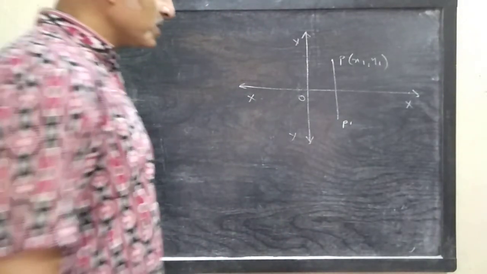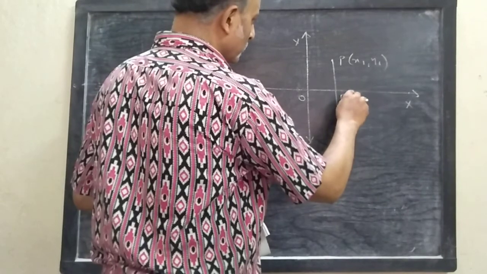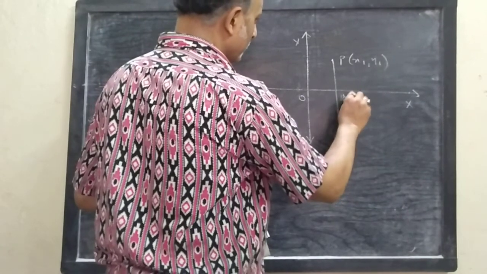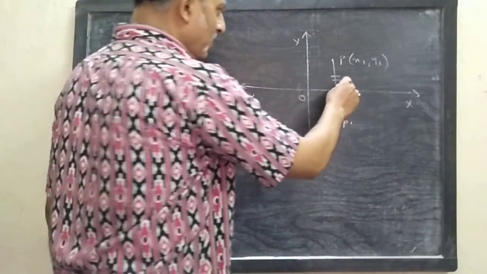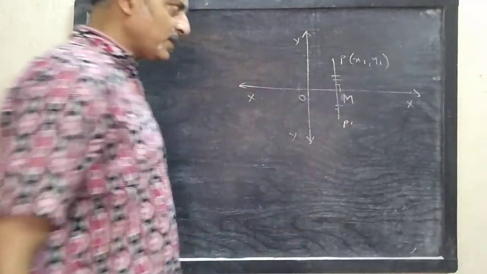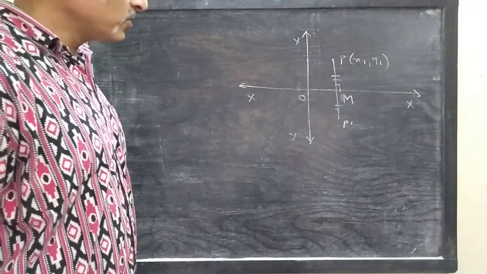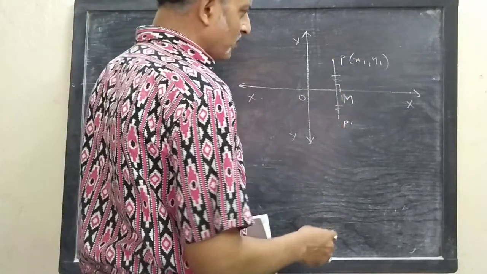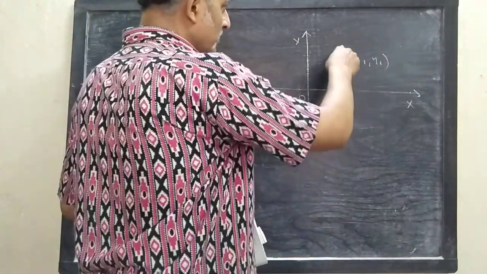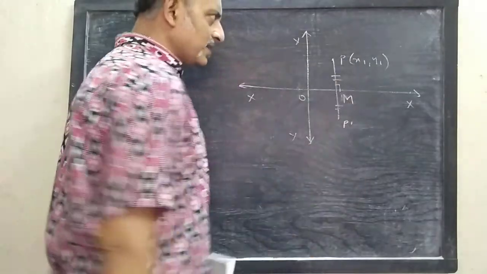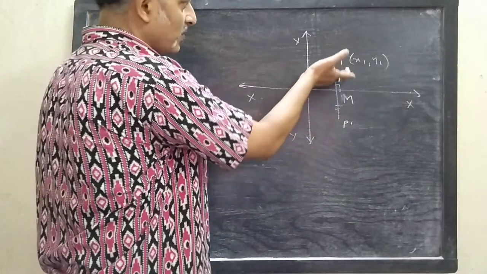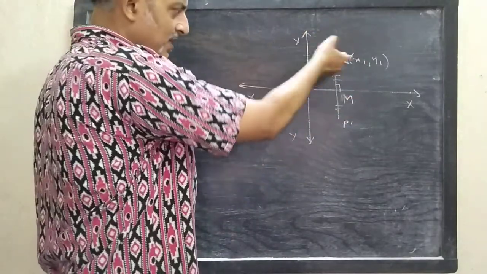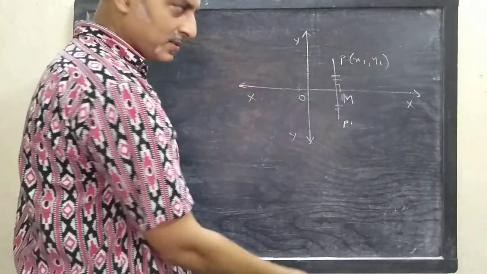Now, according to the principle of reflection, we have PM equals MP dash and PM is perpendicular to XOX dash. As PM equals MP dash, their ordinates are equal but of opposite sign. Why? Because the point P lies above the x-axis and the point P dash lies below the x-axis.